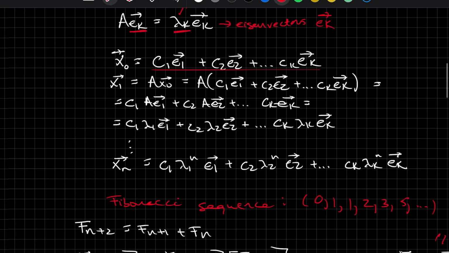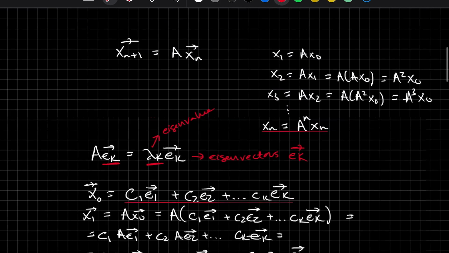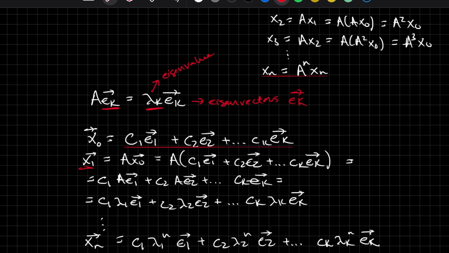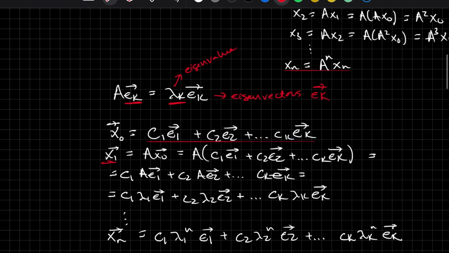Then calculating x1, we do the same thing, A times x0, like here. But this time we can expand x0 in terms of the eigenvectors of A and some constant coefficients.